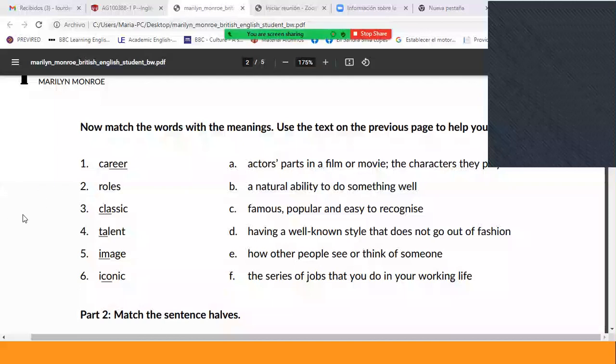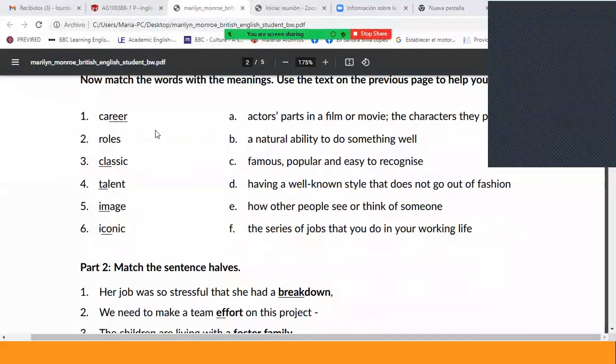Ready? No. Okay. I am ready. Everybody ready?